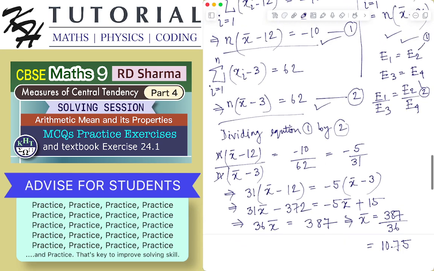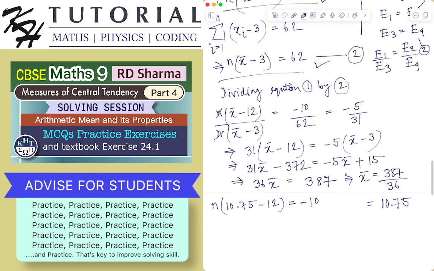Let's say I am putting the value of the mean in equation 1. So I have n multiplied by 10.75 minus 12 is equal to minus 10. So how much is 10.75 minus 12?